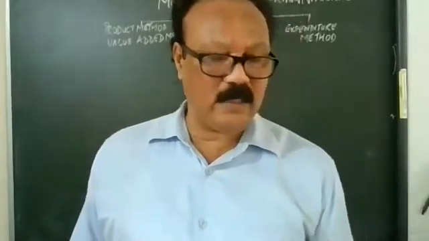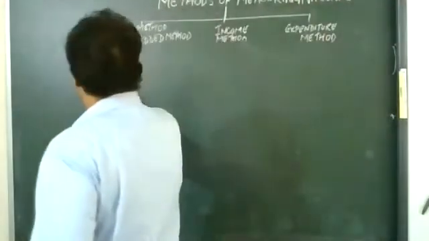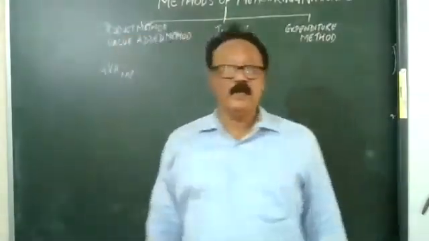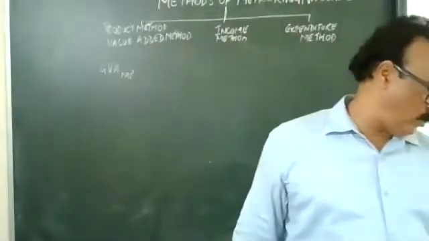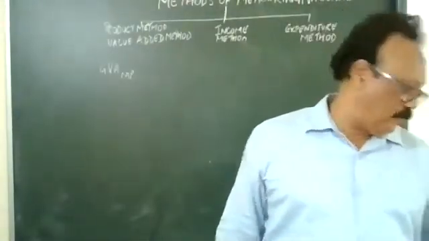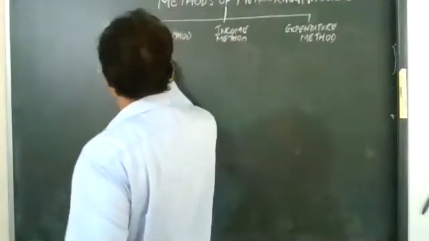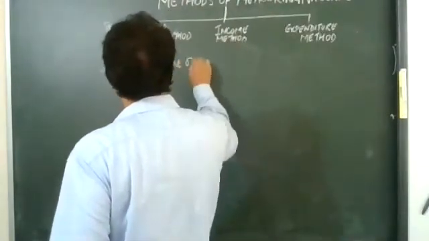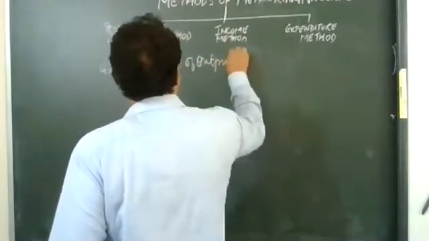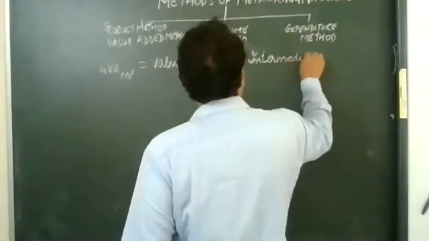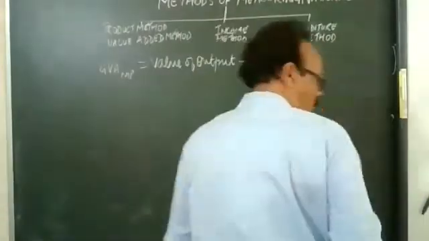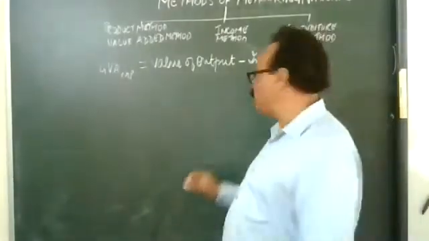The second step is the gross value added by these sectors. So the gross value added at market price of these three sectors is summed up. And how do you find the gross value added at market price? It is by value of output minus intermediate consumption.